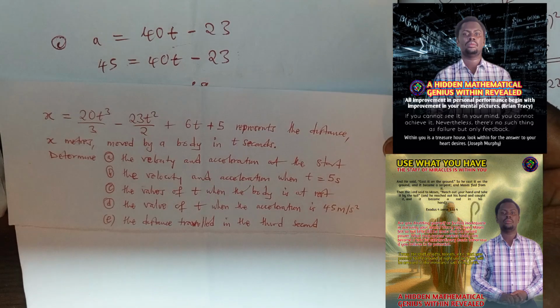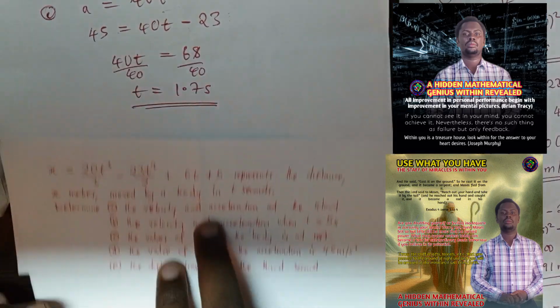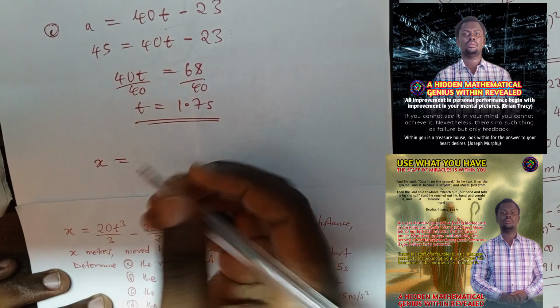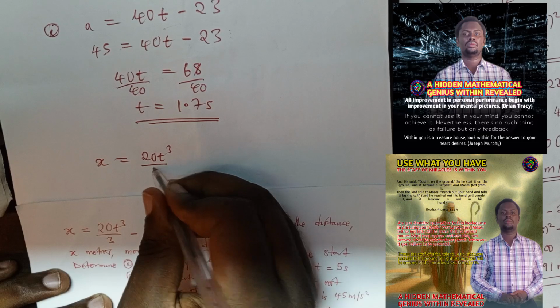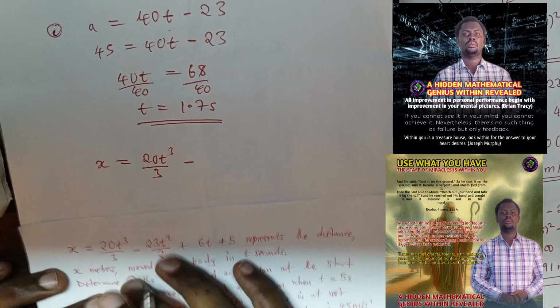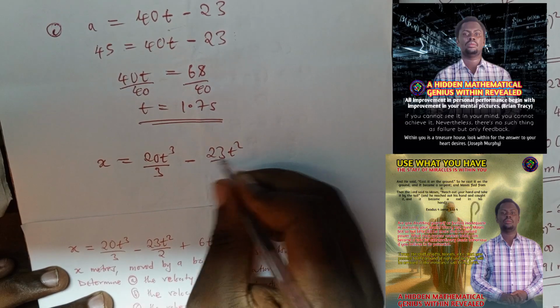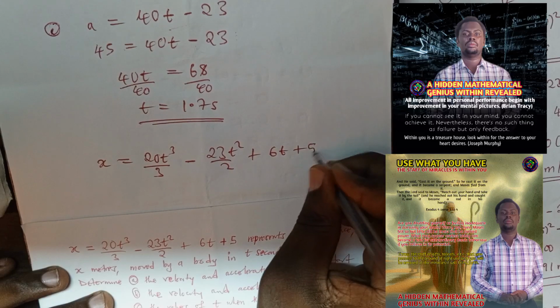And the last one, the distance traveled in the third second. We have the function for distance. The function for distance is x is equal to 20t cubed over 3 minus 23t squared over 2 plus 6t plus 5.